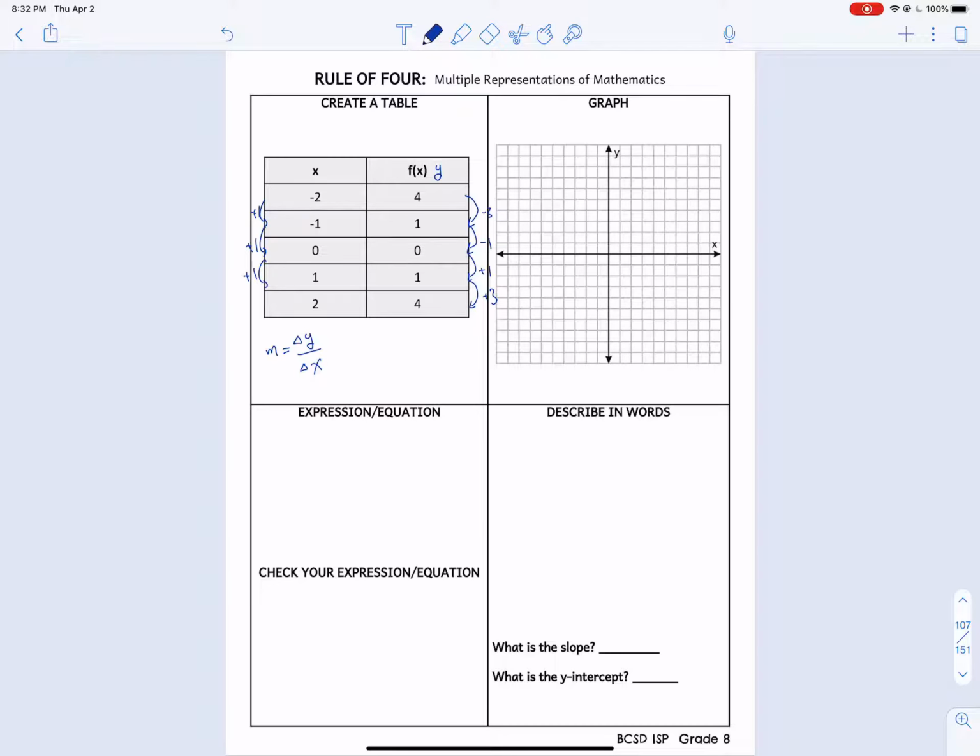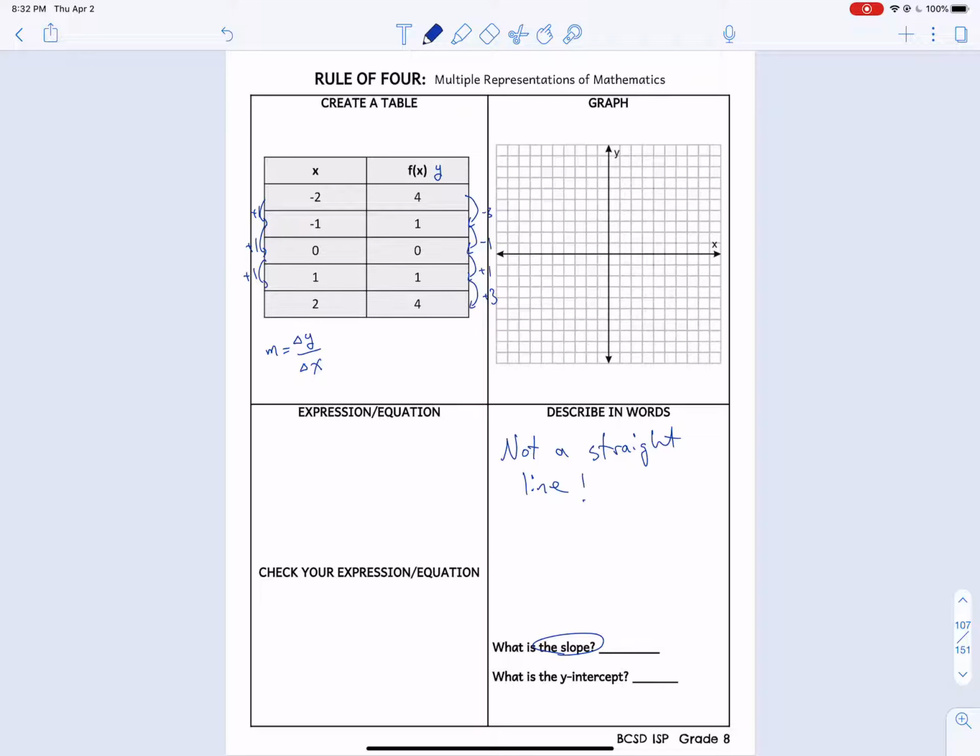So this is a non-linear function. And that means there's no slope. Could be a y-intercept, but there is no slope because it's not a straight line.